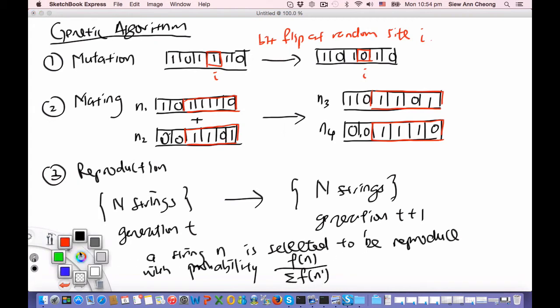So here Fn is the fitness of string n. The fitter the string, the more likely it is to survive into the next generation, and consequently those strings with very low fitness will not reproduce, and they will not be found in subsequent generations. So over time the system can converge towards the maximum of the utility function.